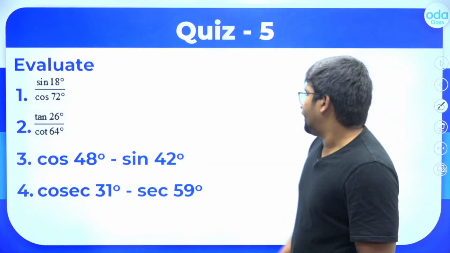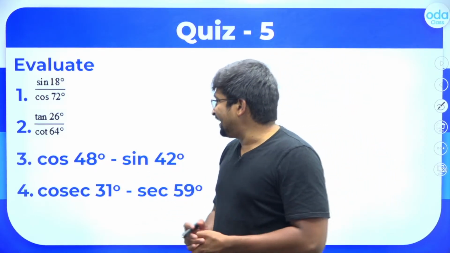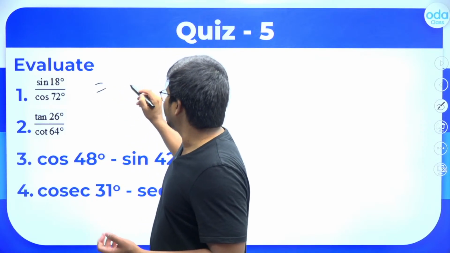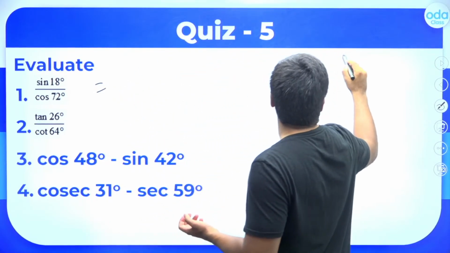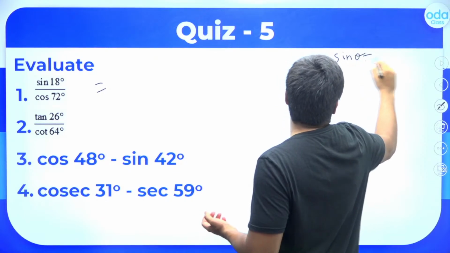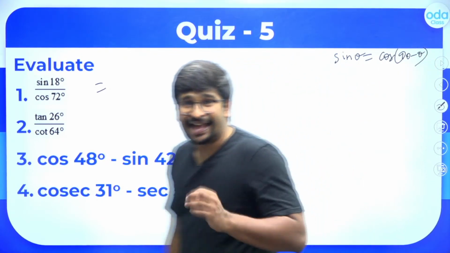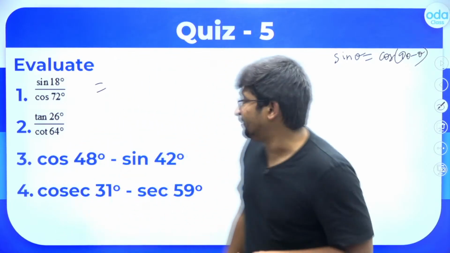Next question is to evaluate sine 18 degree divided by cos 72 degree. You know this formula, right? Sine theta is same as cos 90 minus theta. Do you know this? Sine theta, it is same as cos 90 minus theta, right?